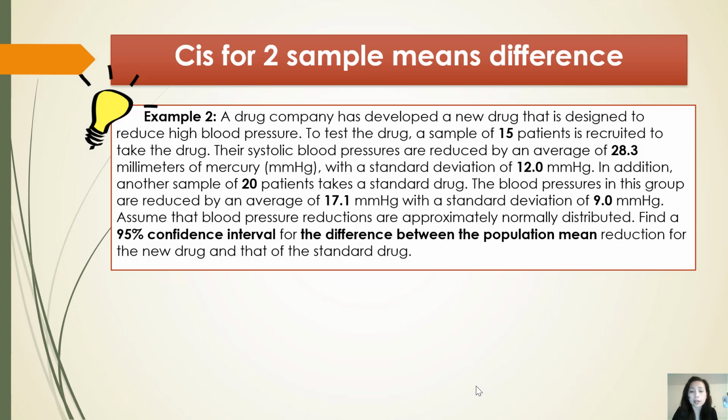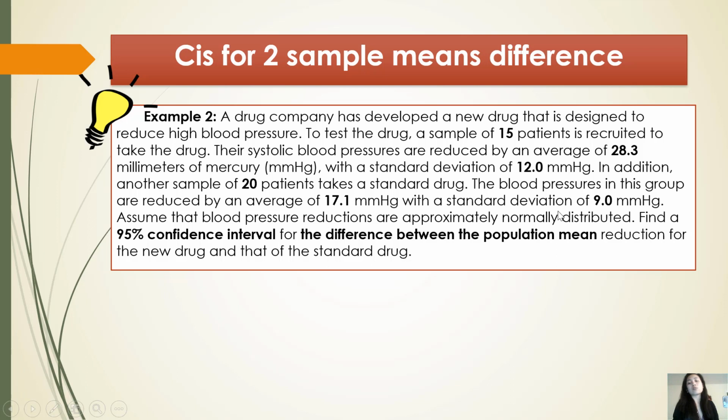I have already highlighted the important figures. 15 is the first sample size, that is n1. 28.3 is the average of the first sample, which means x1 bar. 12 is the sample standard deviation, which is s1. 20 here is the sample size of the second sample, so 20 is n2. 17.1 is the average of the second sample, so this is x2 bar.